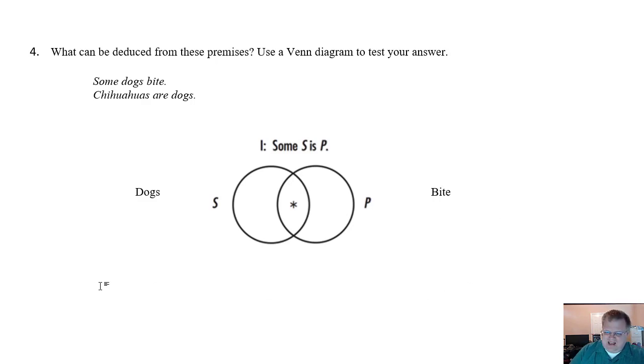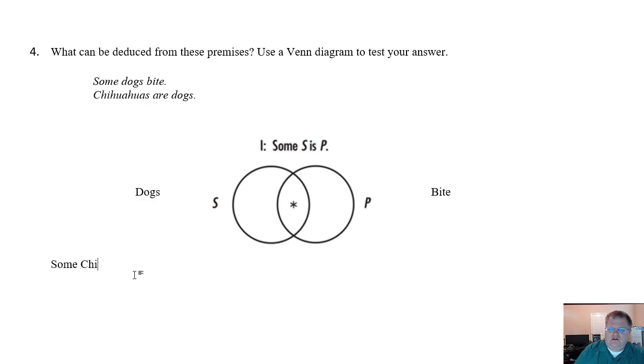And about the only thing we can say, because I know Chihuahuas are in the dog circle, I just don't know if they're in the bite circle or not in the bite circle. So about the only thing we can say is that some Chihuahuas bite. That's kind of off screen.